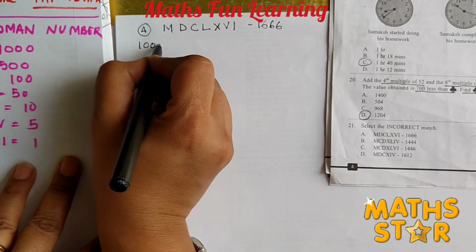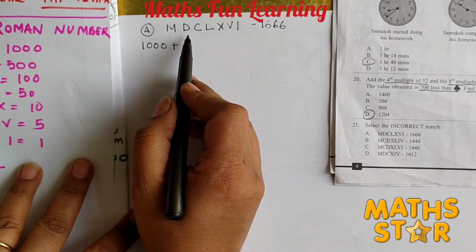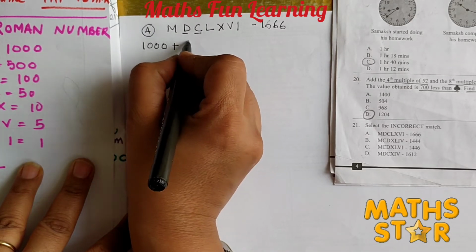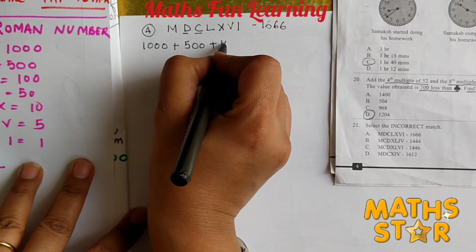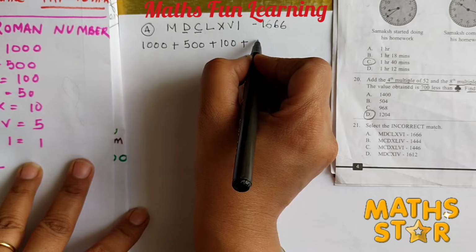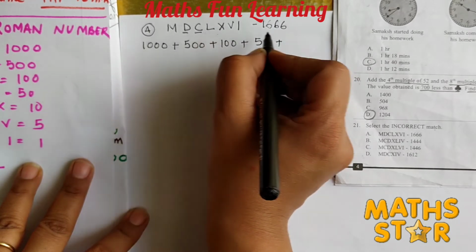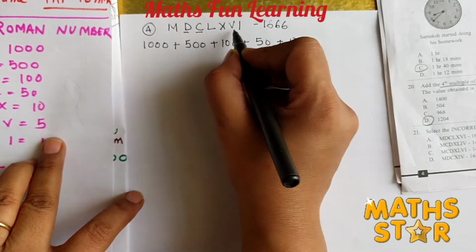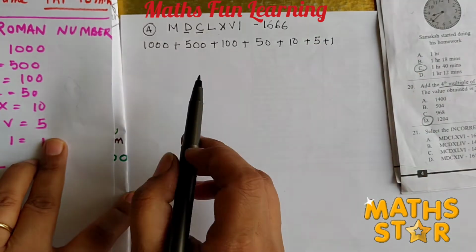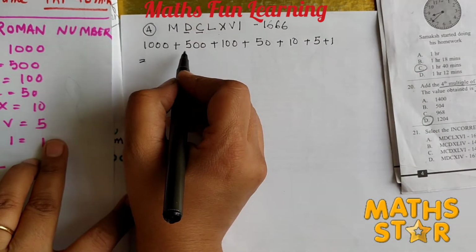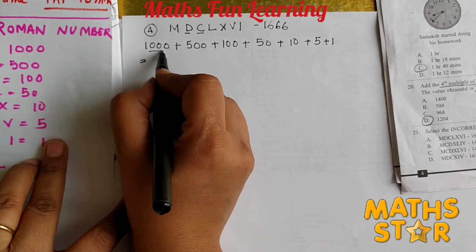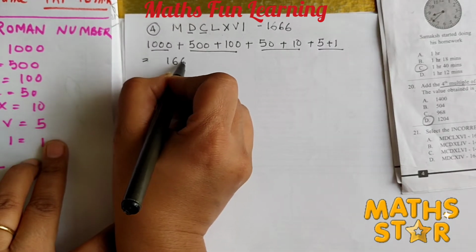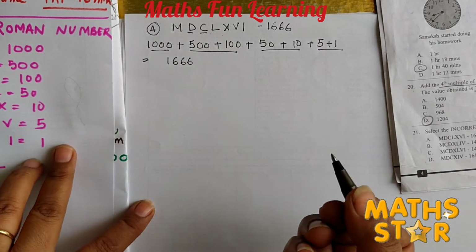M means 1000 plus D is 500 and C is 100. L is 50. X is 10. V is 5 and I is 1. Add all this expanded form and you will get 1666, the same number.